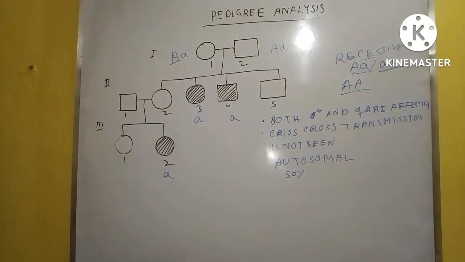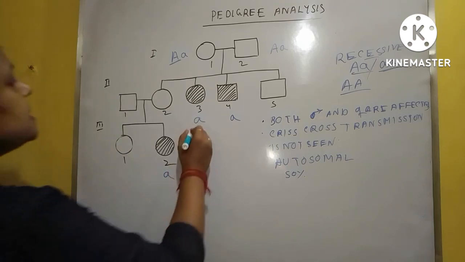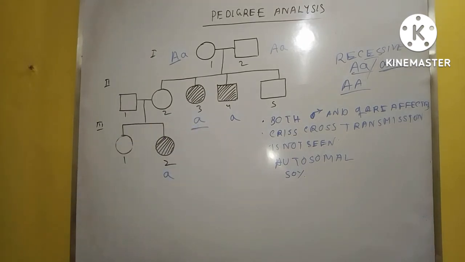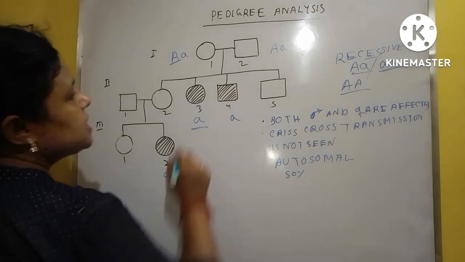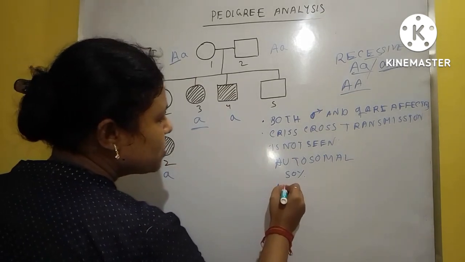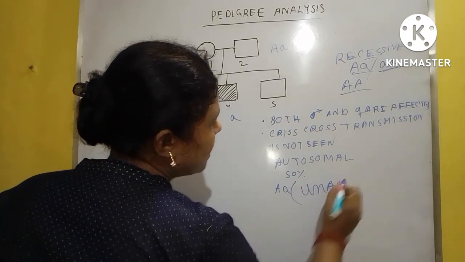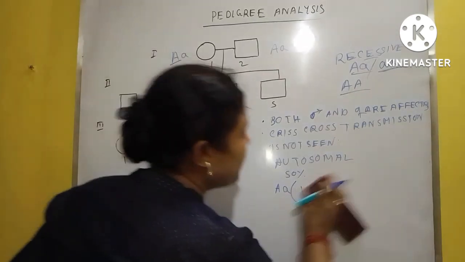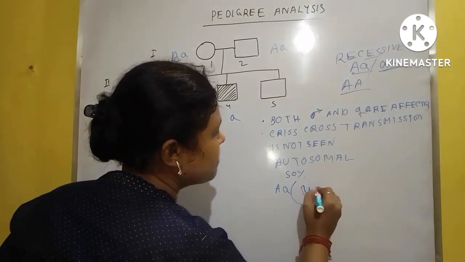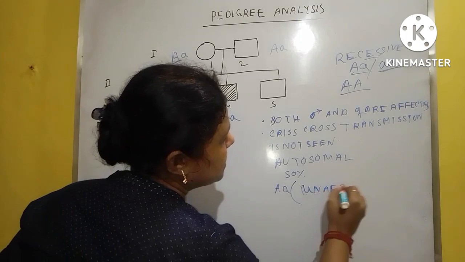Recessive is very important here, so the dominant gene must not be present in the diseased one. In the case of recessive, one gene is not sufficient for the diseased state. If this remains in the heterozygous form, then it is unaffected. Understand this clearly.